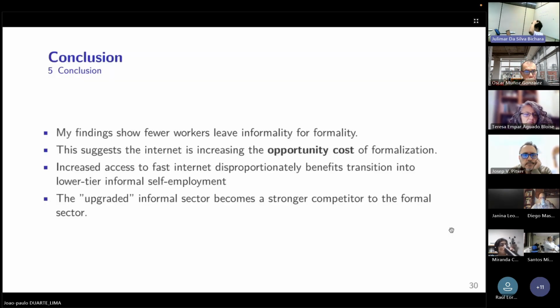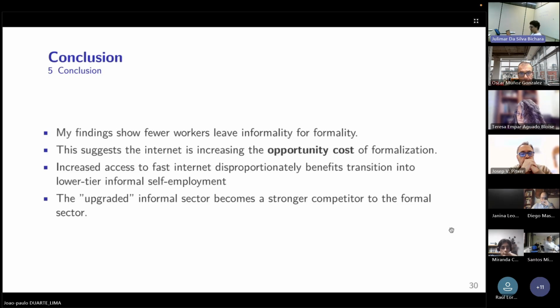And so the conclusion here is that few workers who live in formality suggest that internet is increasing the opportunity cost of formalization, and increased access to fast internet will benefit transitions in lower tier informal self-employment.